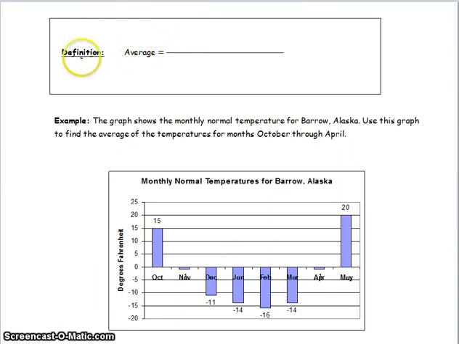Now we go to our final page. We have the definition for average.